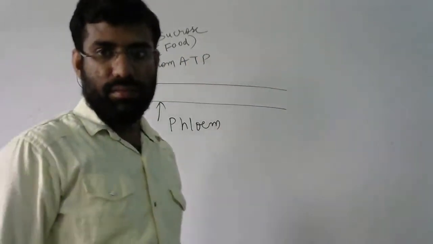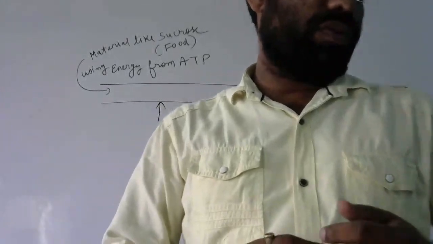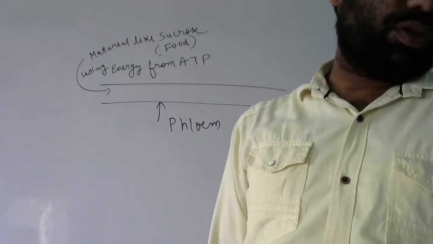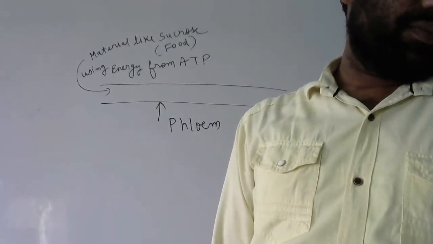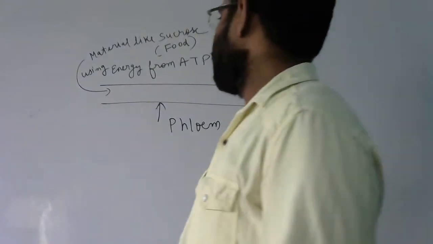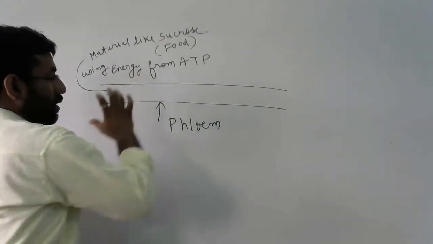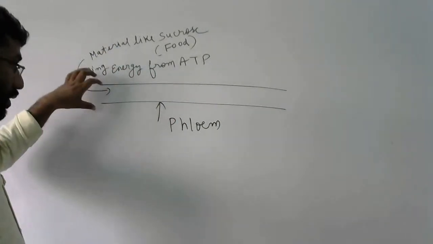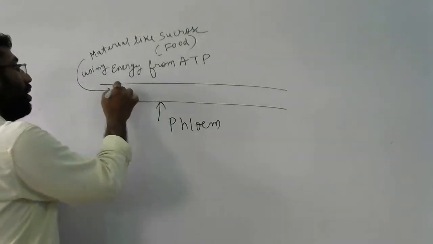Listen here. Material like sucrose is transferred into the phloem tissue using energy from ATP. This increases the osmotic pressure of the tissue, causing water to move into it. This pressure moves the material in the phloem tissue, which has less pressure. For example, this is the size of the tissue. Whenever this food material enters this tissue, what will increase?